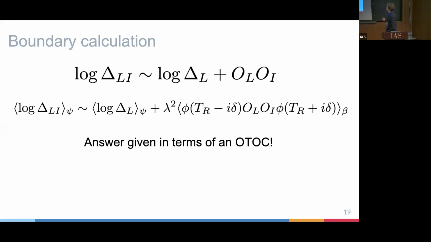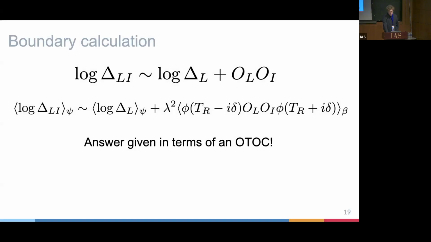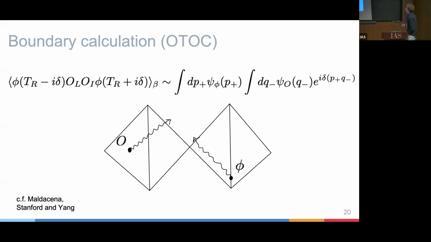It's the expectation value of this O left O_I operator in this excited state. This is an out of time ordered correlator of the type that's been studied by many authors in the past. And there's a standard way of computing this thing.